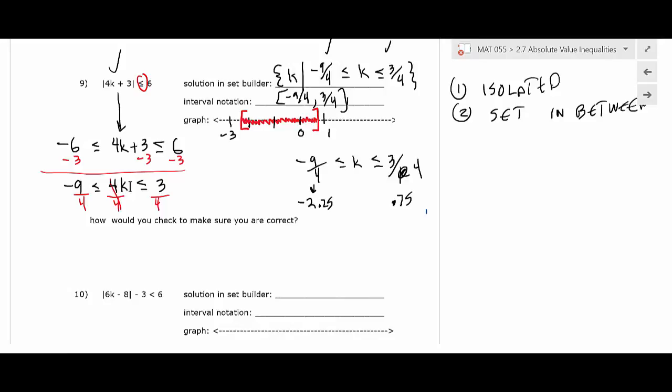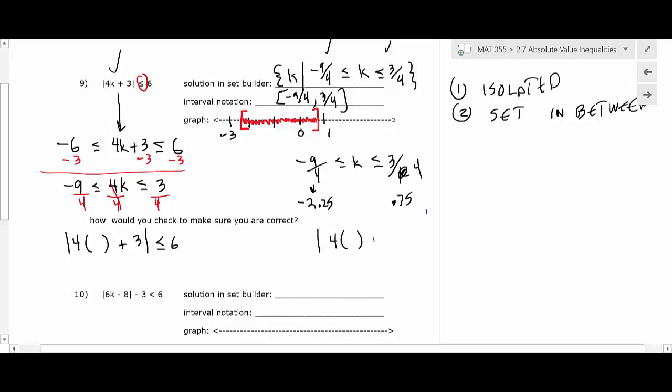So here's what I want, and I want you to write this down because this is pretty important: we're going to check the answer to 4k plus 3 in absolute value less than or equal to 6. And we're actually going to check these endpoints. And then I'm going to check a number in the middle. So one thing that it's kind of good is just kind of get this built. Then this will hopefully help you understand what this problem means anyway.